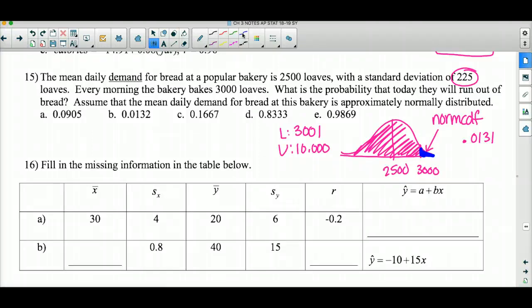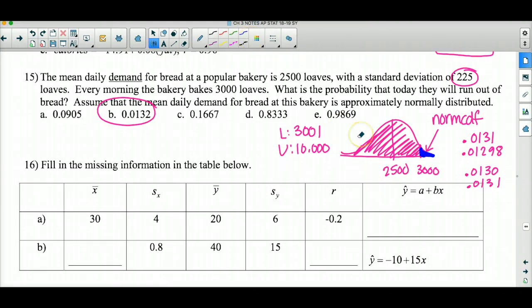But if 3,001 are purchased, we don't have enough bread. So that answer is 0.01298. So no matter what, it's pretty much 0.0130 or 0.0131. So that answer is B.